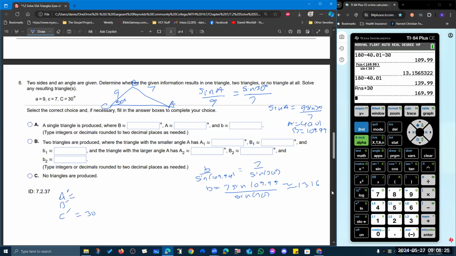So this is still 30 degrees. This is 139.99 degrees. And so 180 minus that is 10.01 degrees.